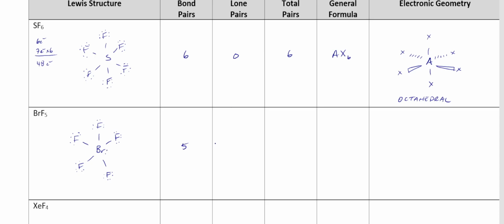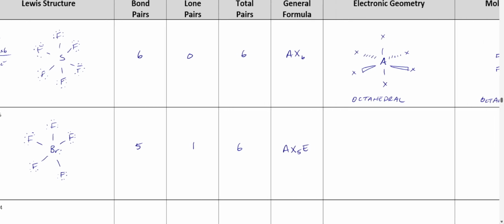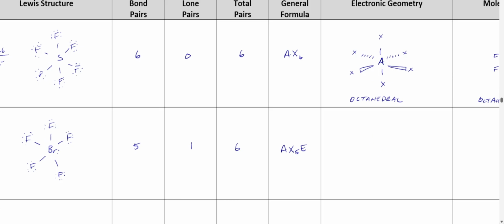So I have 5 bond pairs, 1 lone pair for a total of 6, and I have AX5E. Now, in this case, it doesn't really matter where you put the lone pair, but typically we put it below the plane initially.